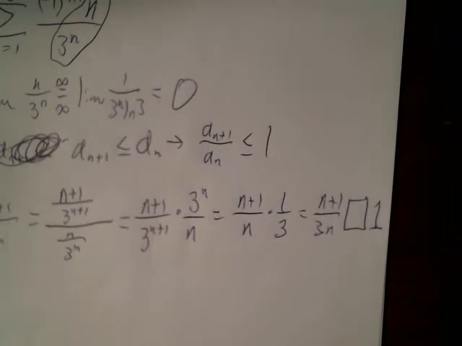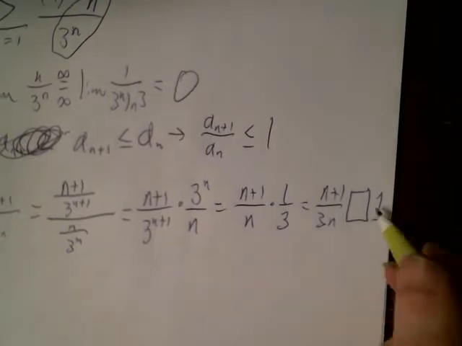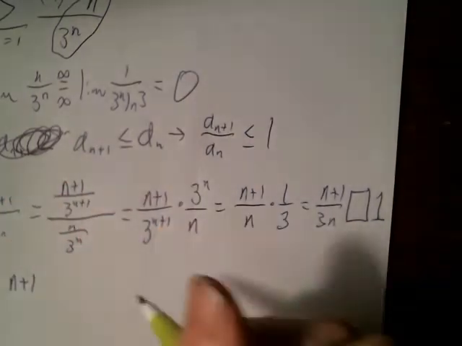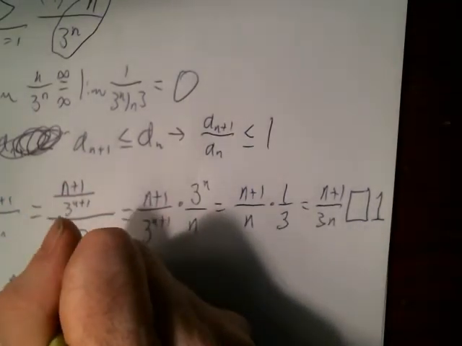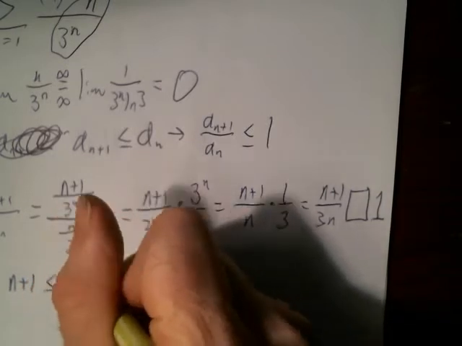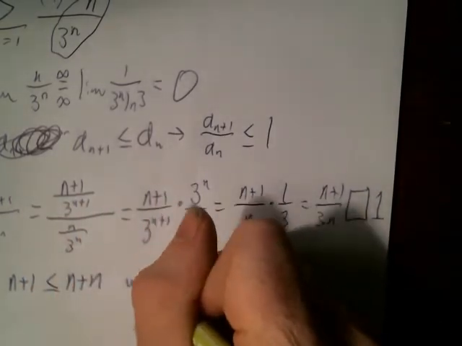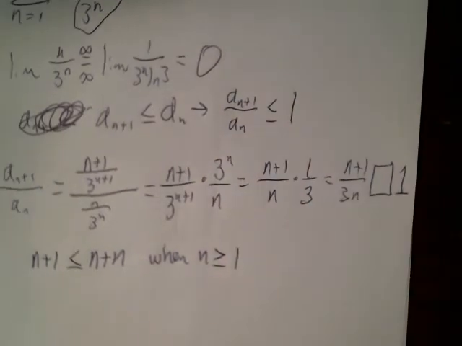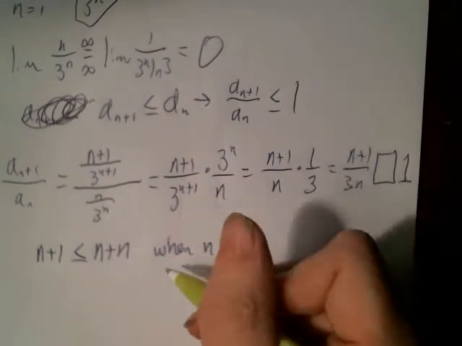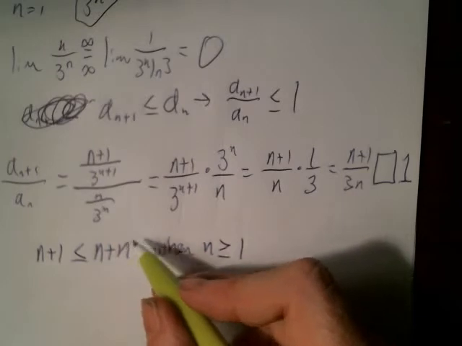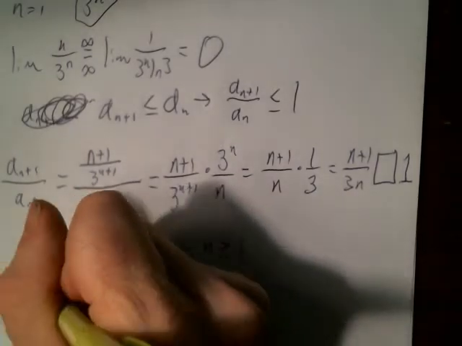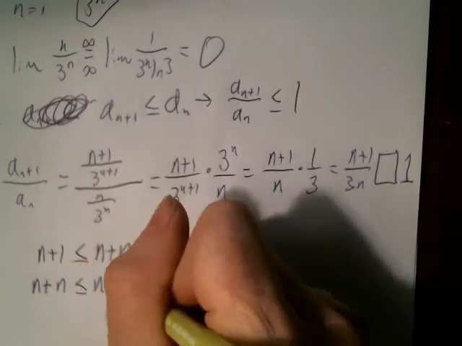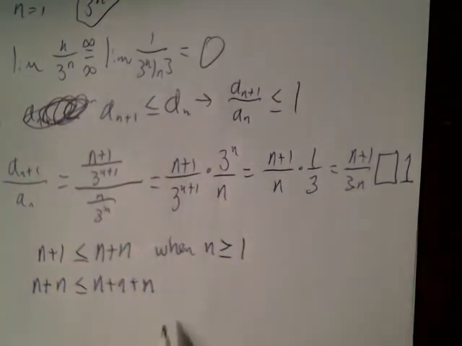So how am I going to do that? Well, look, n plus 1 is definitely less than or equal to n plus n when n is greater than or equal to 1, right? And on top of that, we could say n plus n is less than or equal to n plus n plus n, again when n is greater than or equal to 1.